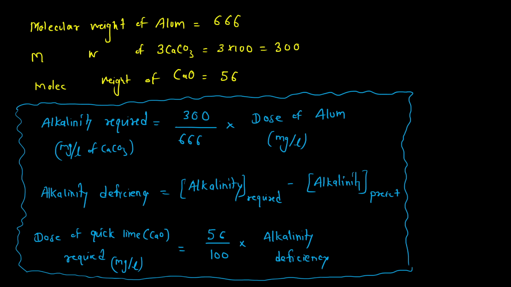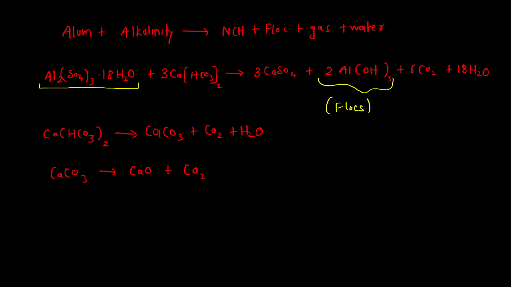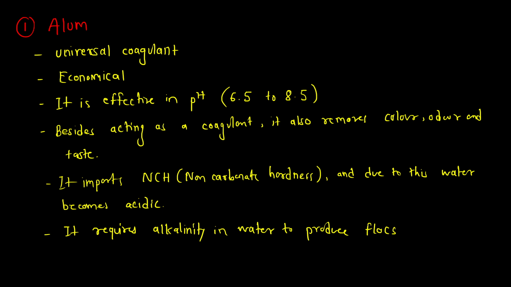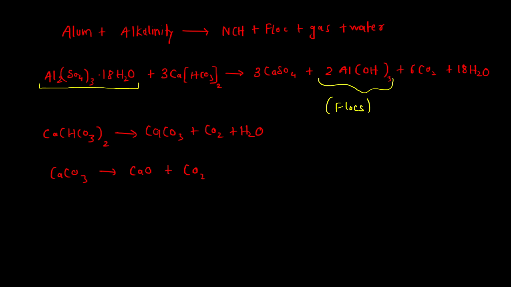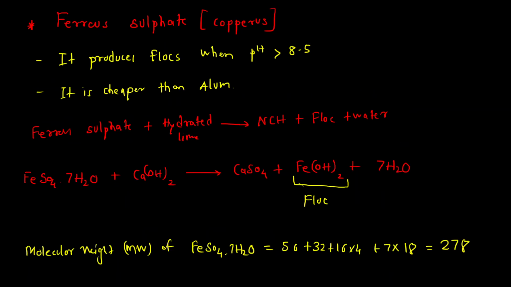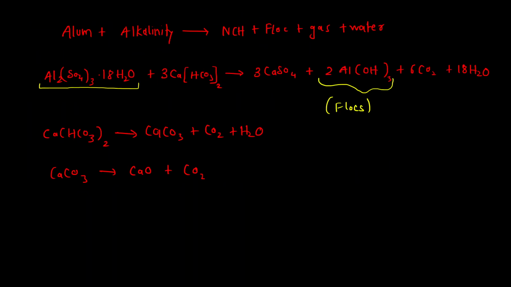The questions from this are mostly numerical based, that is we have to calculate the dose of lime. But if the question is asked from the conceptual point of view, then you should remember which of the following is more economical. Among the four coagulants, the most economical is ferrous sulphate, which is cheaper than alum.